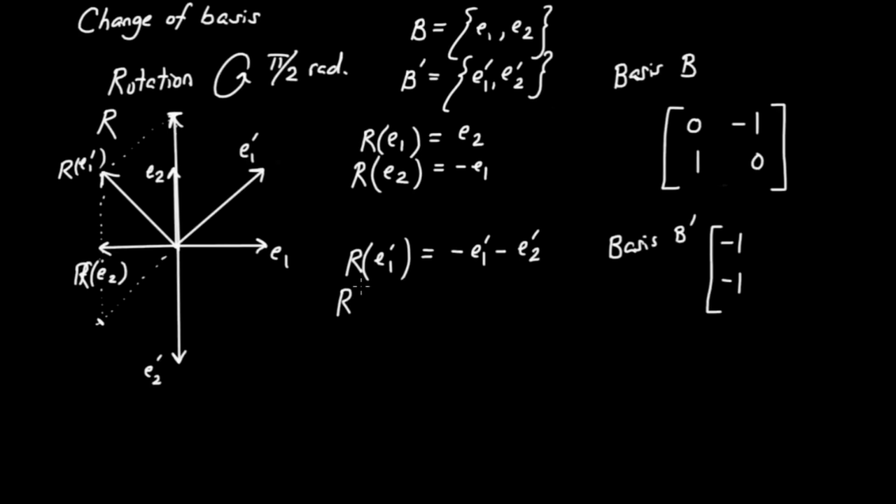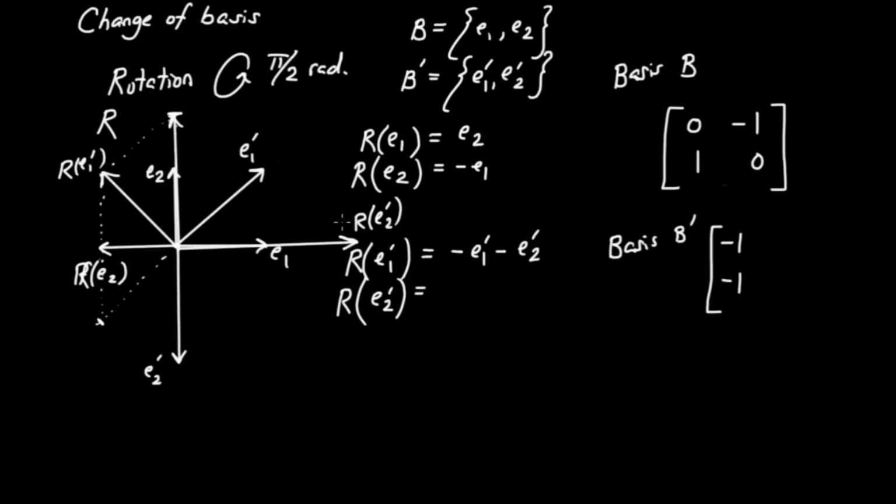Now, what is R E2 prime? E2 prime is over here. And when we rotate 90 degrees, it's going to come over here. That should be R of E2 prime. And what is this going to be in the basis E1 prime, E2 prime?